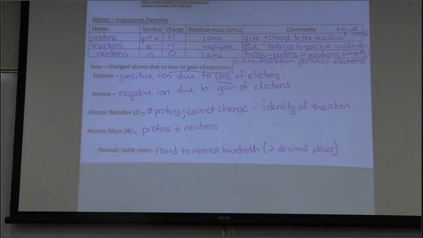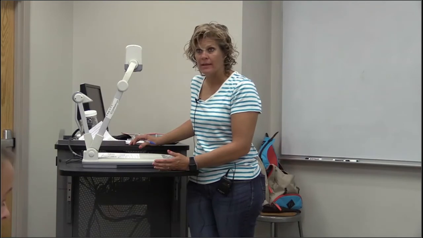If you lose negatives, you become positive. That means if an ion has a positive 1 charge, how did it get that charge? It lost 1 electron.